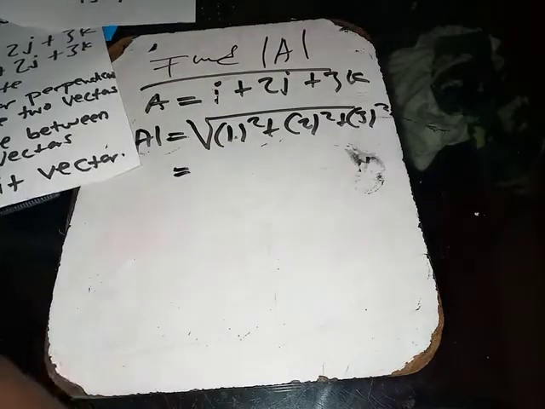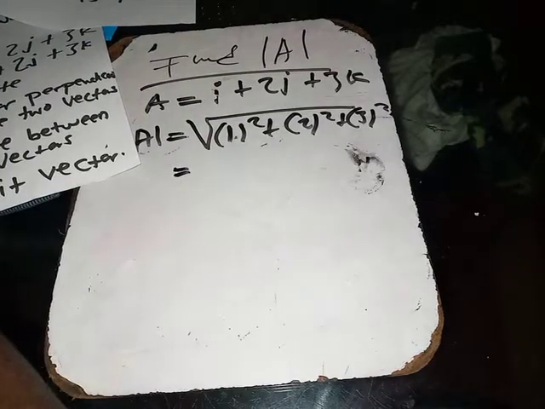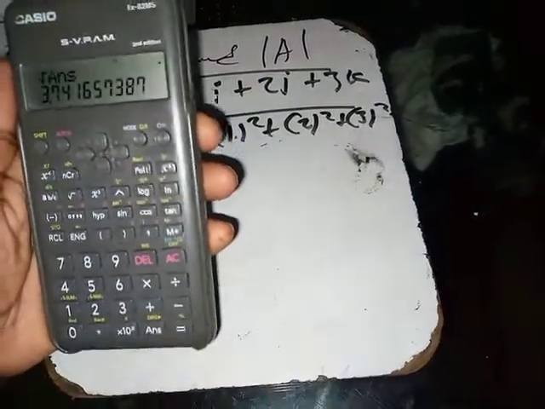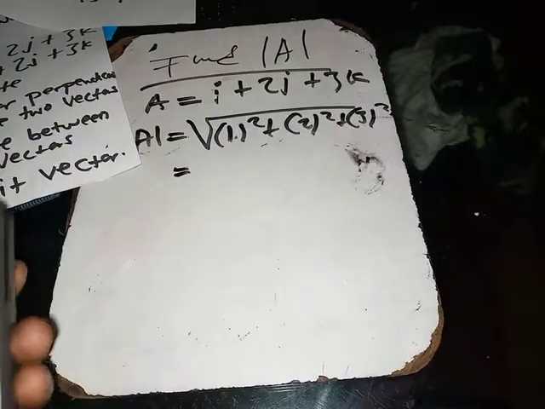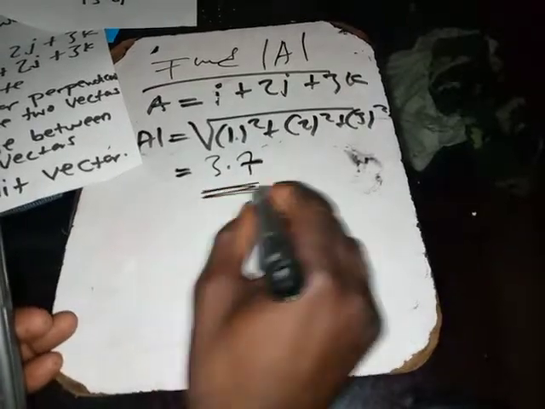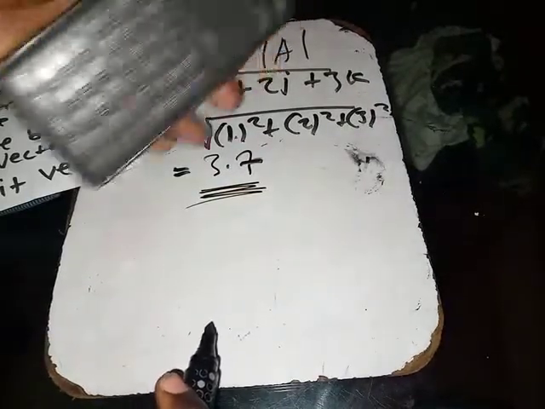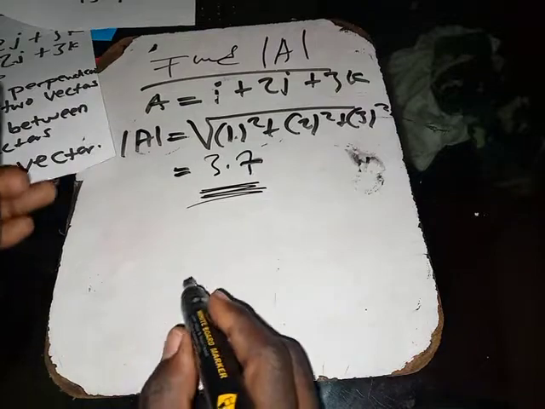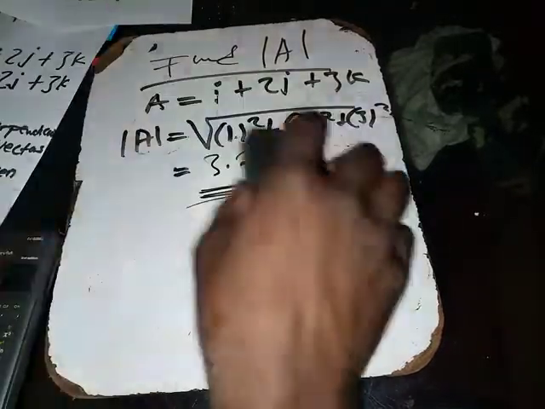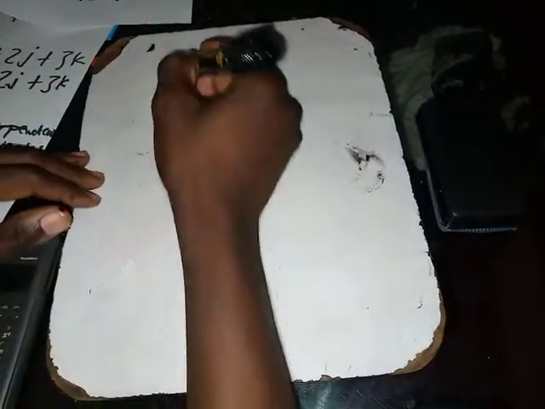Then square root of the answer, I'm having 3.7. So 3.7 is the magnitude of A. I'll also keep it.